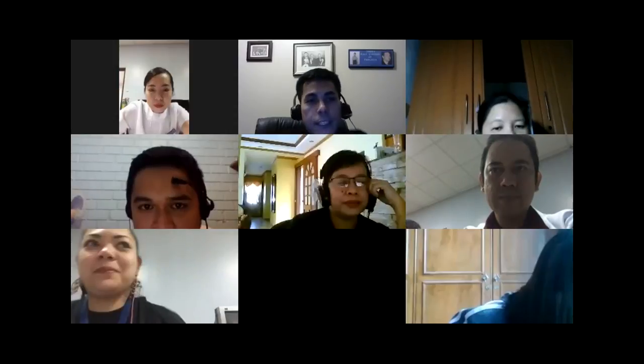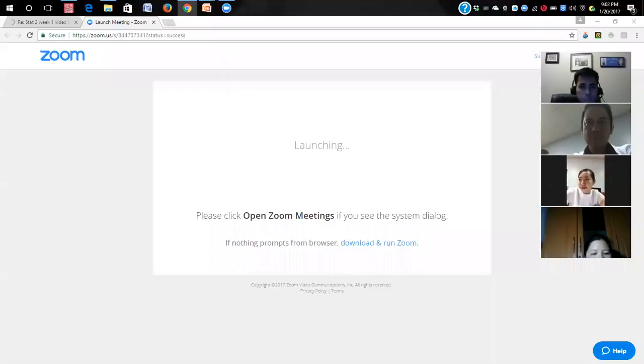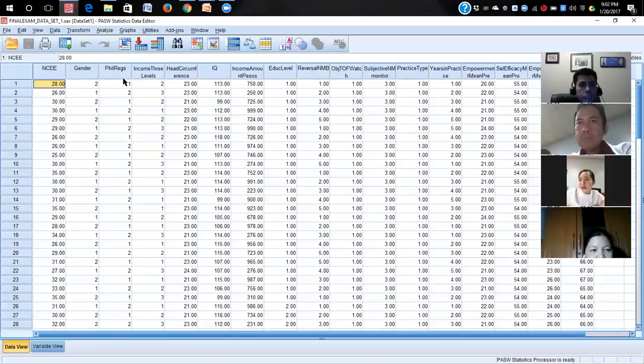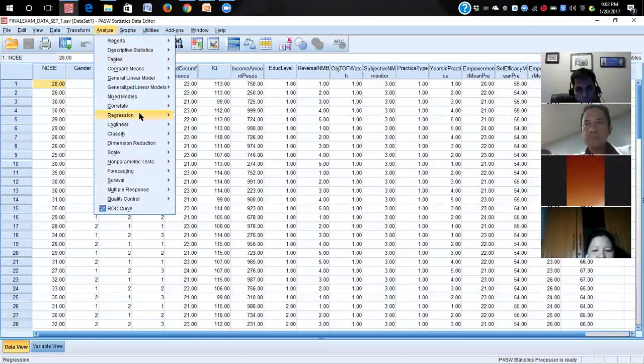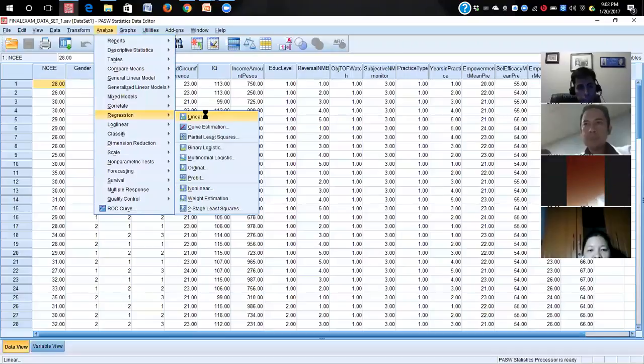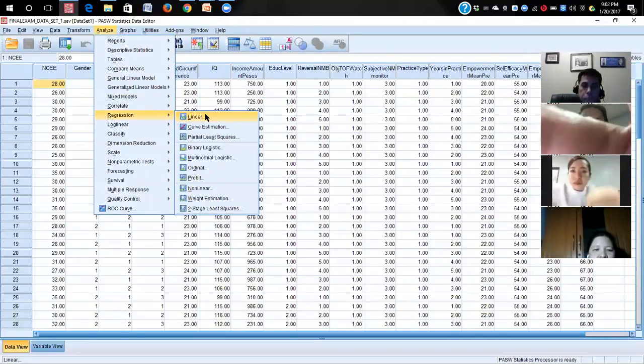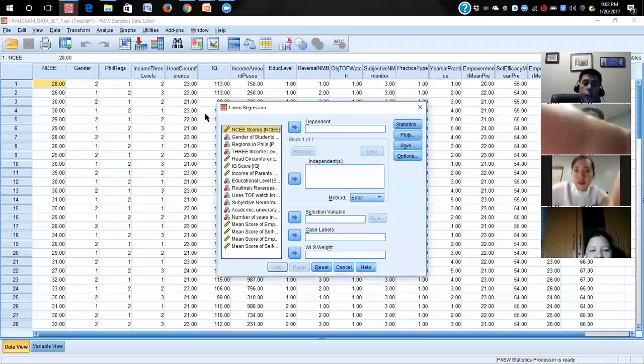And let's go back again to SPSS. And then we analyze, and we go to regression. We go linear. This is for simple linear regression, simple correlations, ANOVAs.